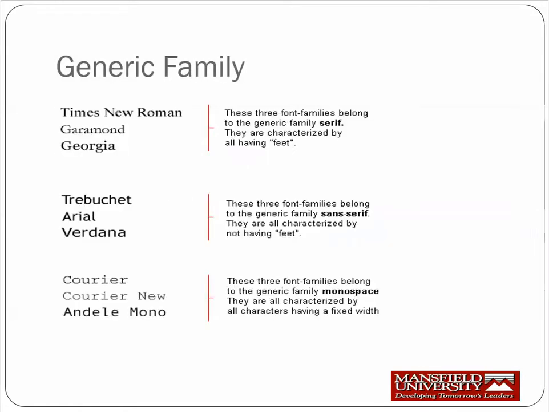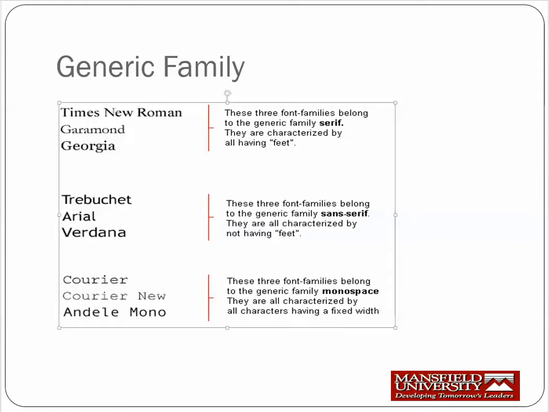So let's see what the difference is. This is the serif family category. They all have feet. Look at here, the T. Can you see the T? We have one. You can see the N, like the N in Newman, we have some little feet.